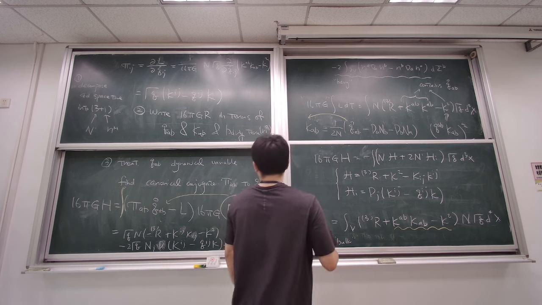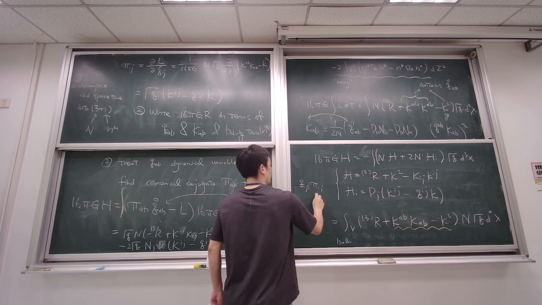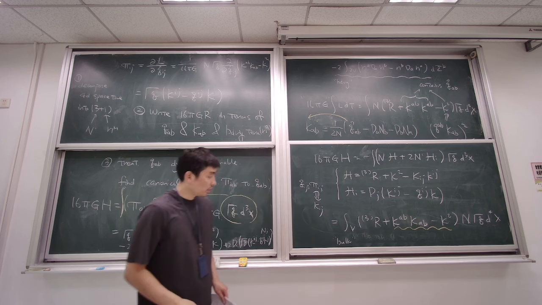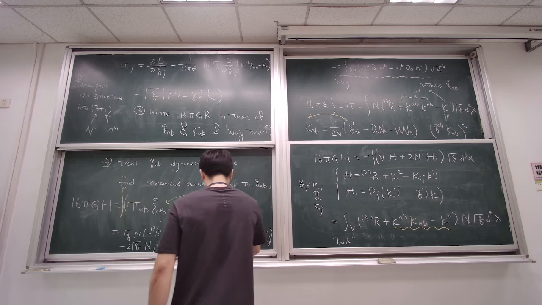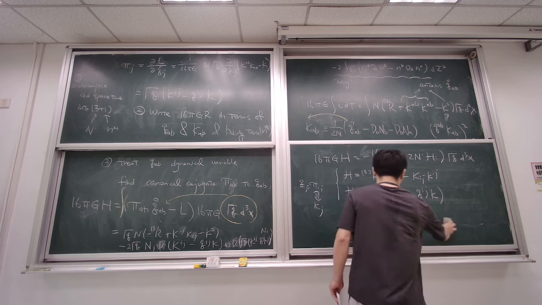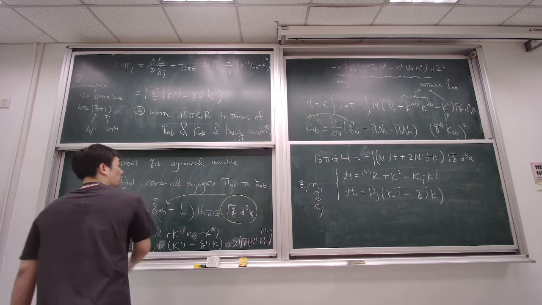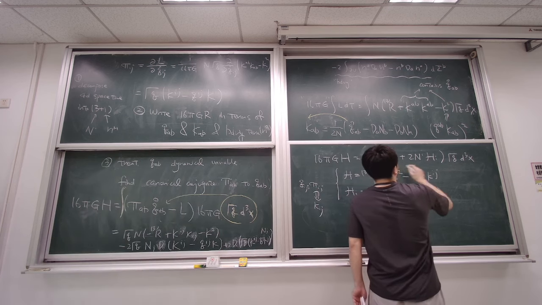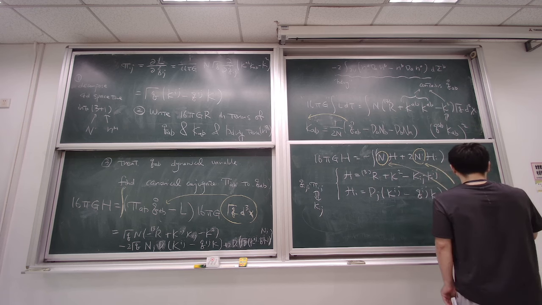Here we treat q_ij and pi^ij, or equivalently K_ij, as canonical conjugate and dynamical variables, but N and N^i, the lapse function and the shift function, are not treated as dynamical variables. So N and N^i can be understood as some kind of Lagrange multipliers.